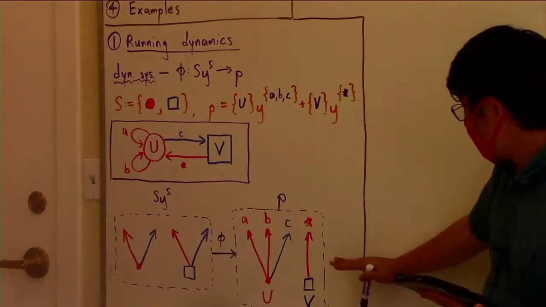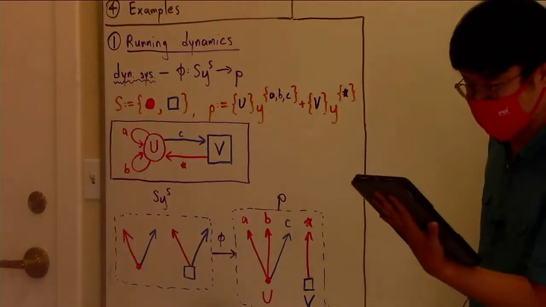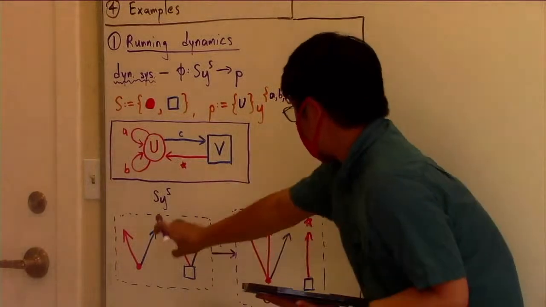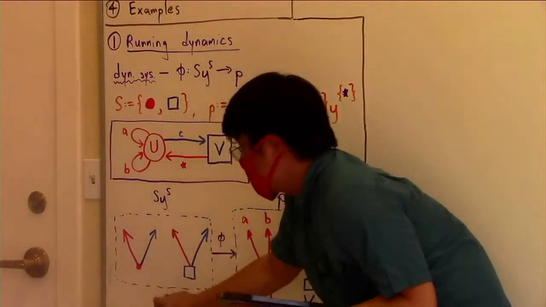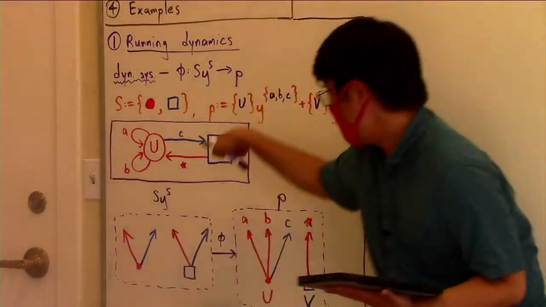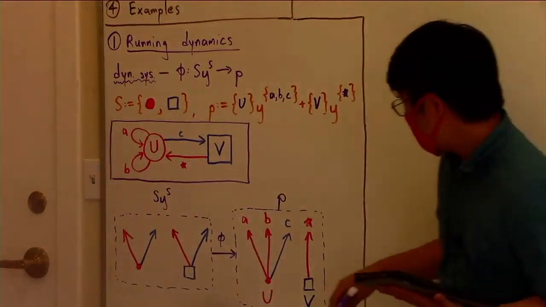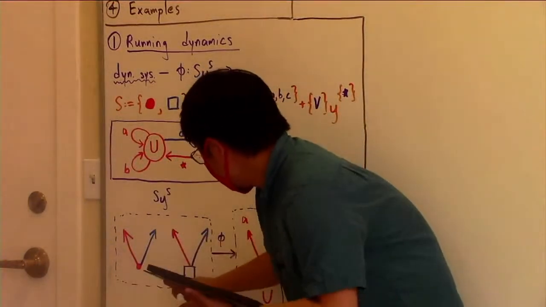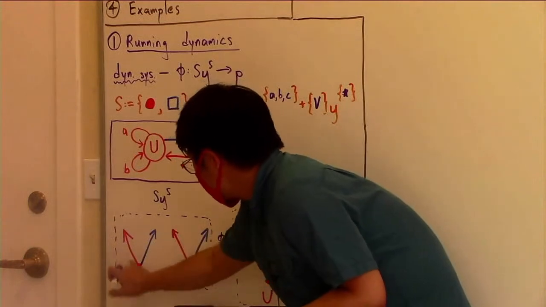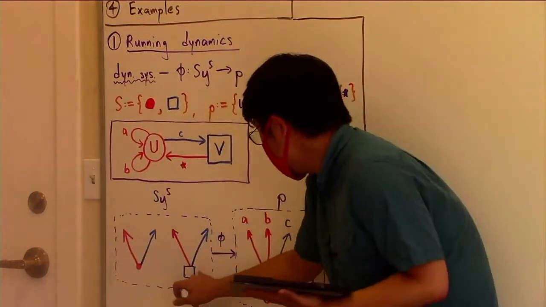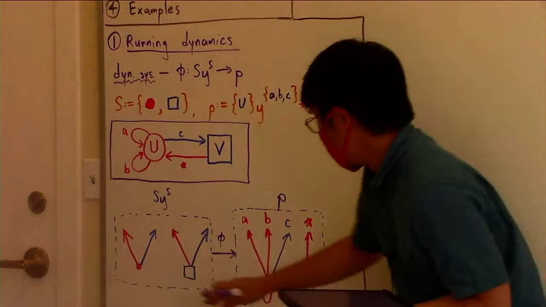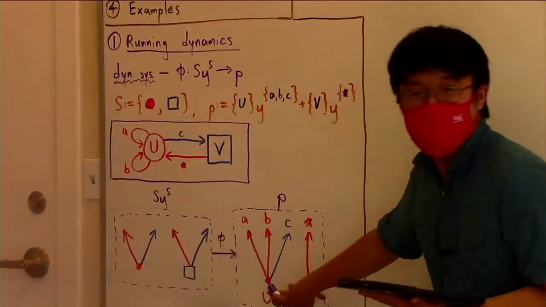We can also draw this out as our Corolla picture. So Sy^S has 2 roots and 2 arrows coming out of each root. And again, I've colored this root with a red circle, this one with a blue square.